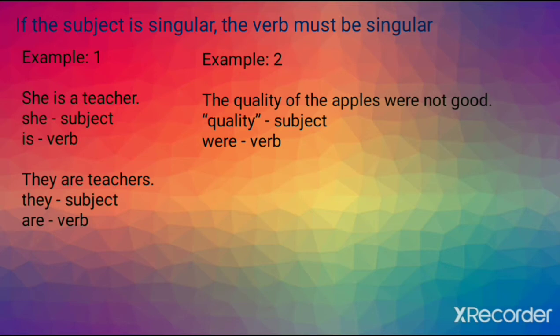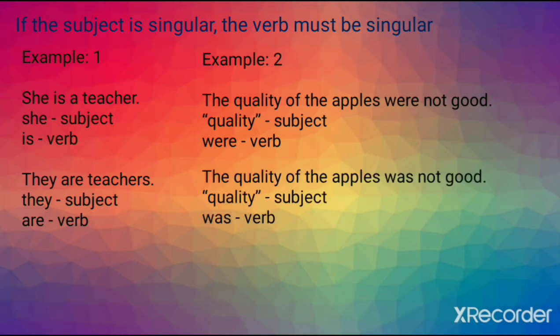But since the subject, the quality of the apples, is singular, the singular verb was should have been used instead of were. So, the correct sentence is: the quality of the apples was not good. It is not were not good.